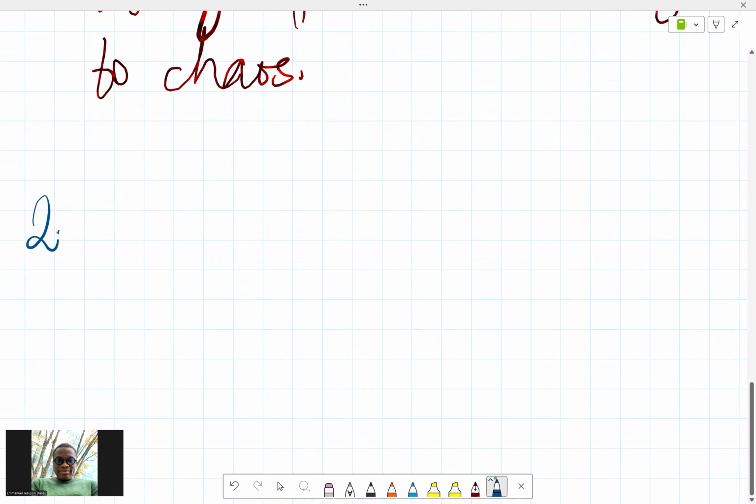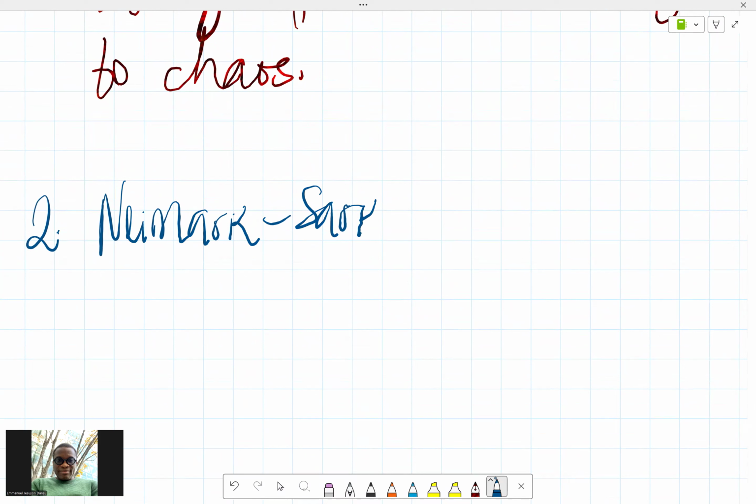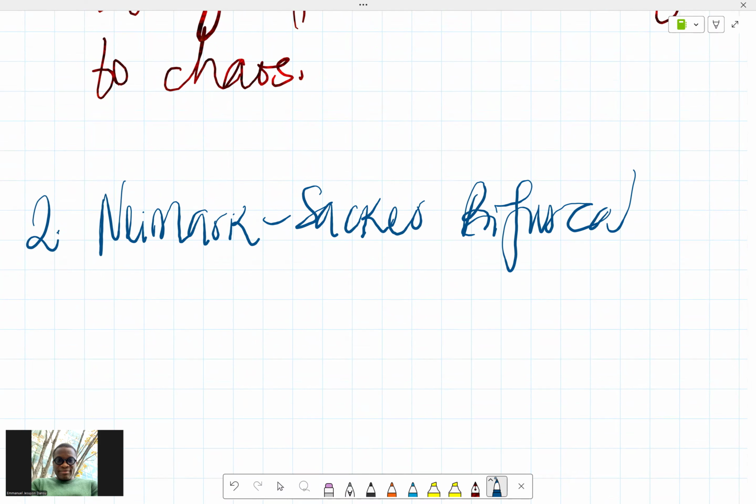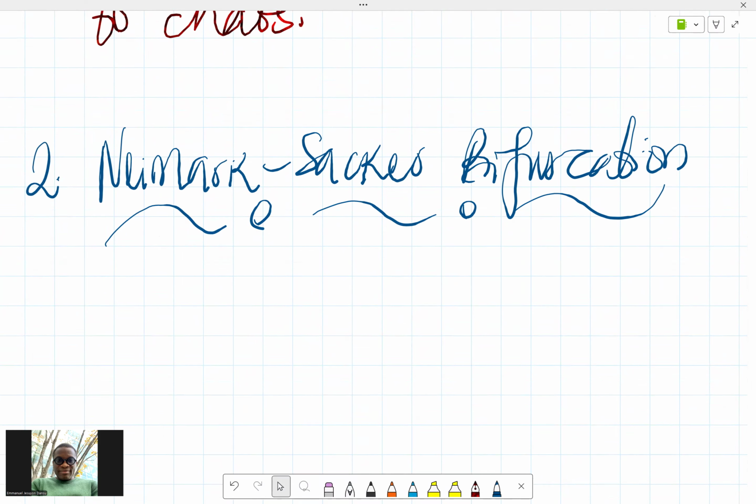We also have what we call the Neimark-Sacker bifurcation.